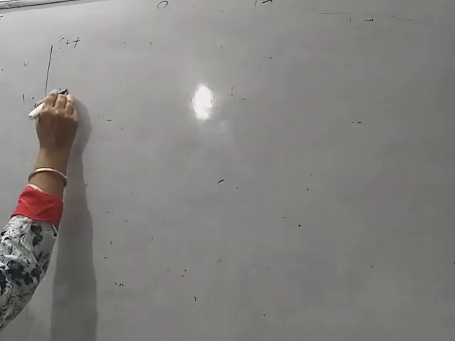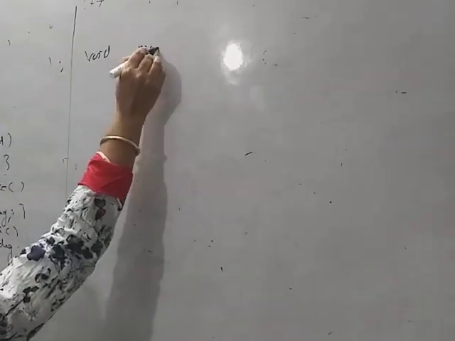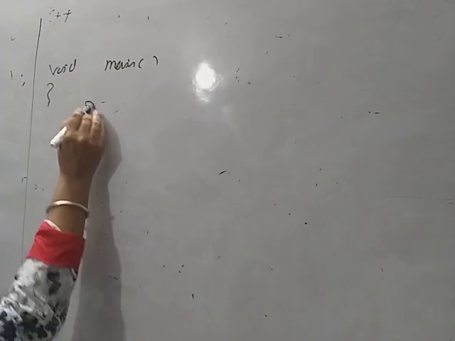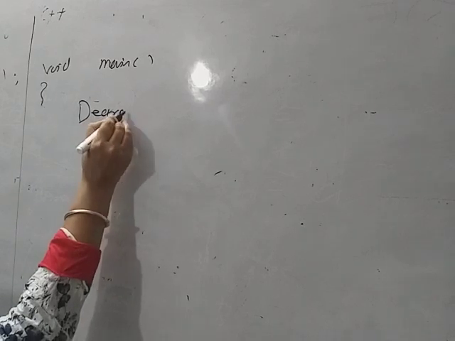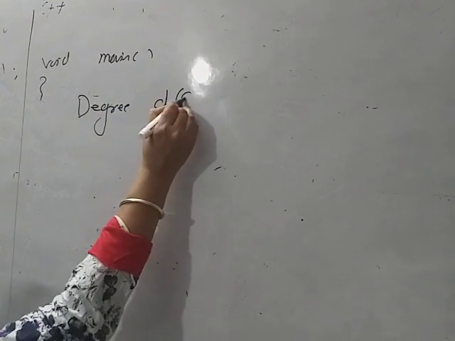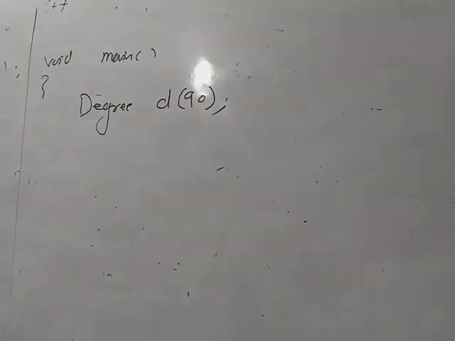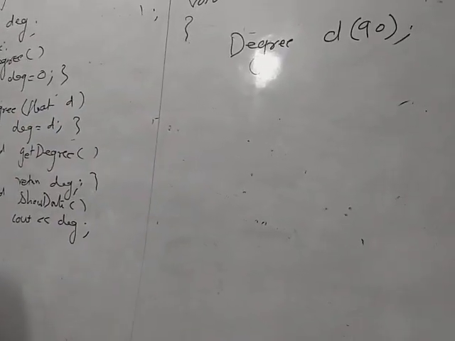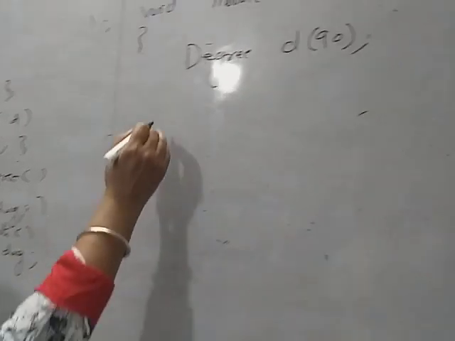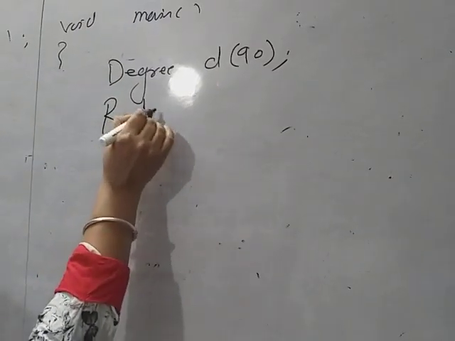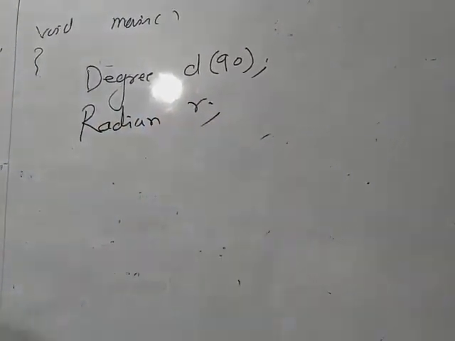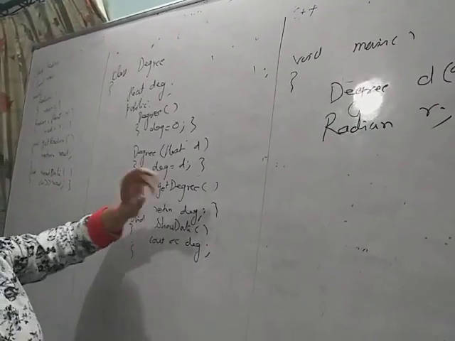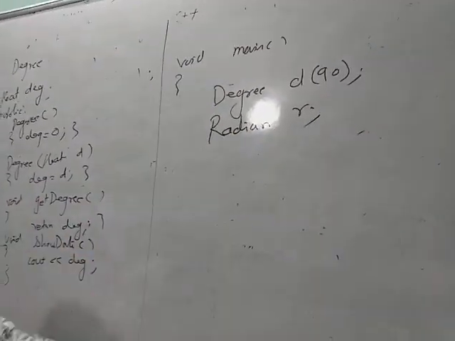So void main, and I am creating the object of class degree, D(90). So the one argument constructor is called and its data member degree is initialized with 90. Now I am creating another object, radian R. For the radian object, the no argument constructor is called and its data member is initialized with 0.